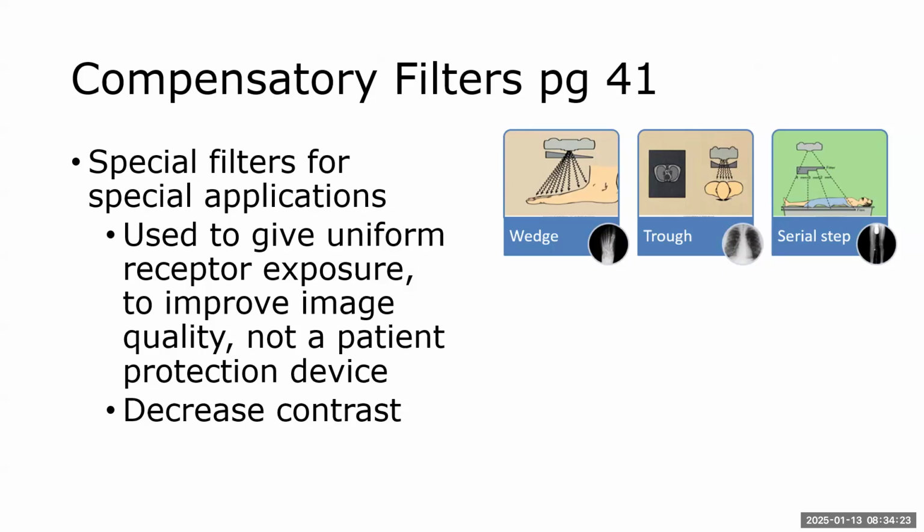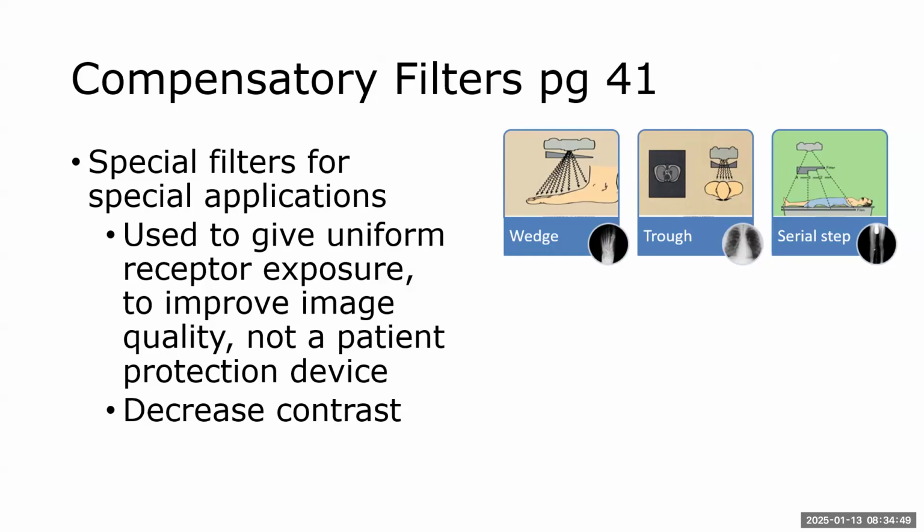Compensatory filters, page 41. These are special filters for special applications. You may have already seen some places use this, especially what we called UMG. They're now called Department of Orthopedics, I believe. Has anybody seen them do a leg length study where they image the patient from the hip down to the ankle?